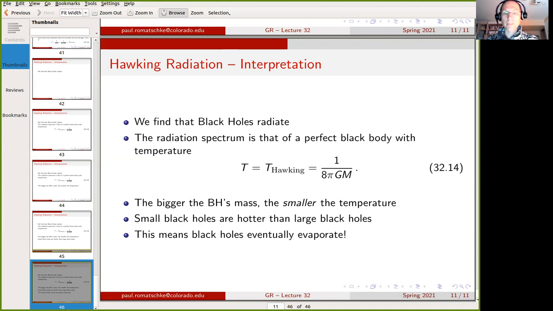So black holes radiate more and more power as they shrink further and further, such that eventually the black hole will just evaporate. It is not a stable ground state of matter, it will just evaporate into thermal radiation. That's the fate of every black hole, but you can calculate that for typical astrophysical black holes, even if they're left on their own devices, this will take a very, very long time.